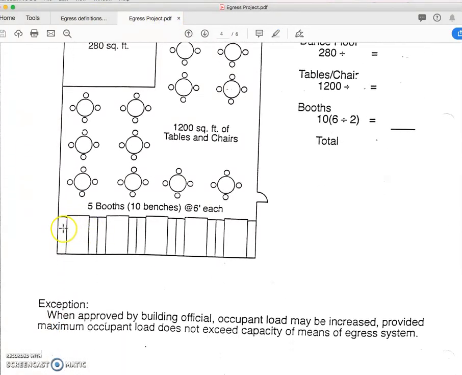This one had a portion of fixed seats, but it told us how to do that. 6 divided by 2, because they're saying there's about 2 feet per butt. That's how they figure it. So 10 booths, 6 feet wide, divided by 2, so 3 times 10 is 30. Okay, so I just wanted to make that clear for you.